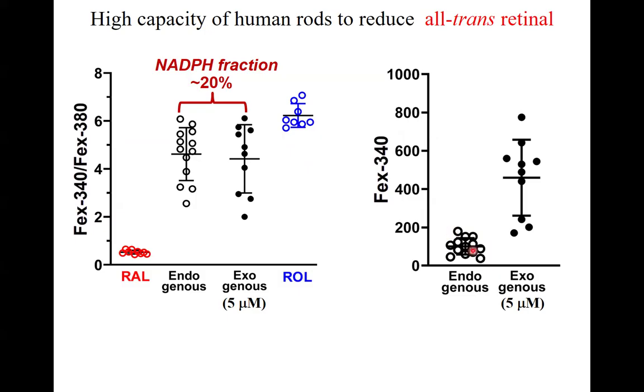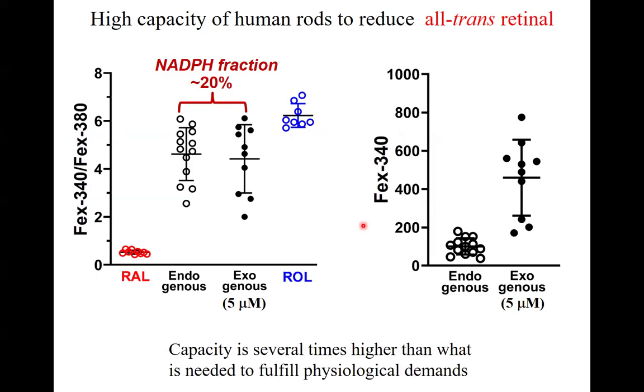So that fluorescence from 340 excitation was much higher with exogenous than with endogenous. And this suggests that the human rods have very high capacity to reduce all transretinal. Really, we overload the cells with all transretinal, and they can do very well. They can keep up. They have limits. We go to 10 micromolar all transretinal, they cannot make it. They cannot keep up.